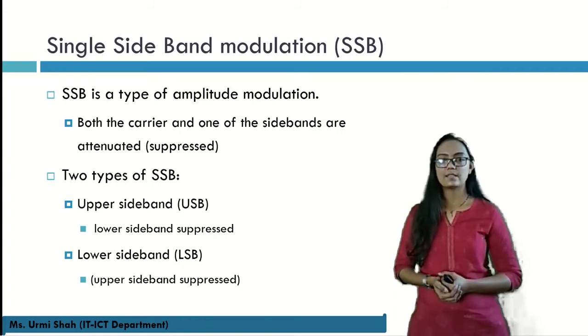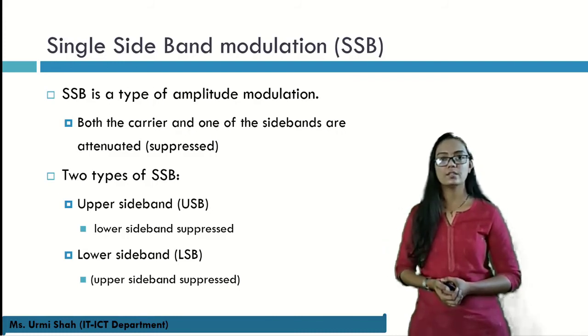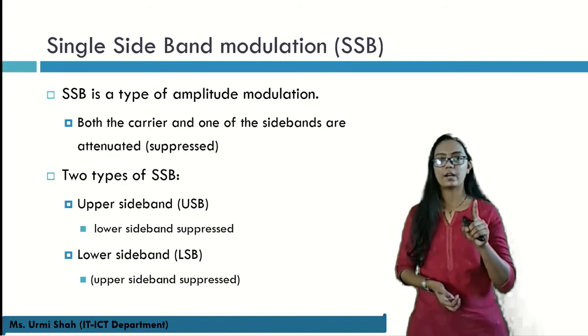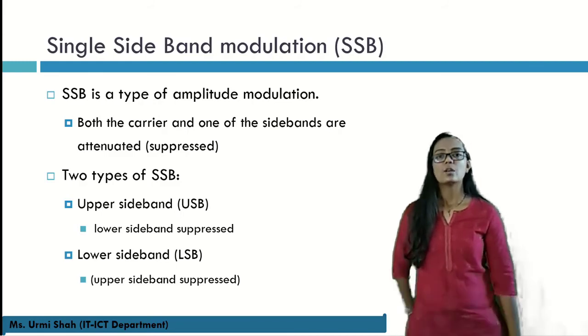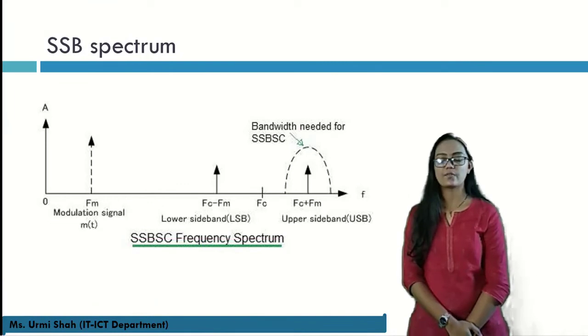And if there is a lower sideband, then the upper sideband is suppressed. So this is all about the single sideband modulation scheme. The name itself suggests that there will be only one sideband in the frequency spectrum of the SSB modulation scheme.